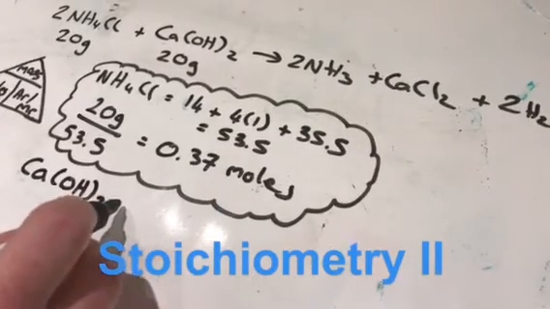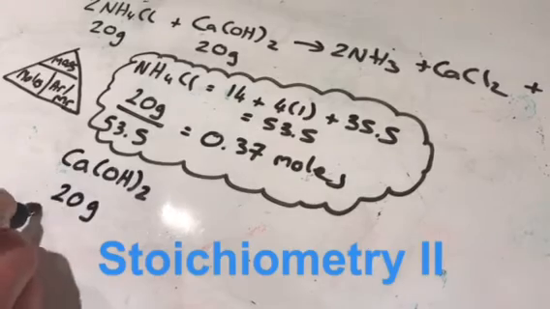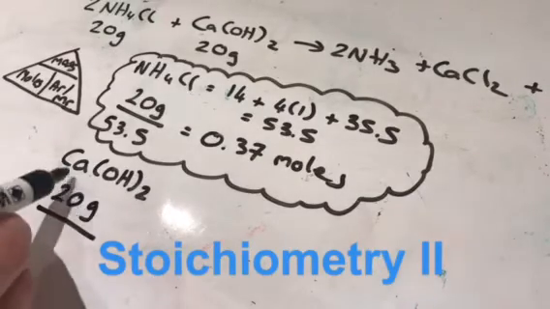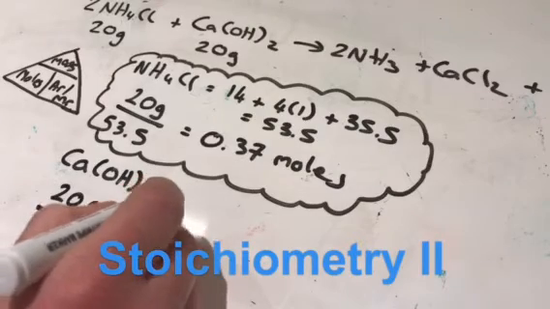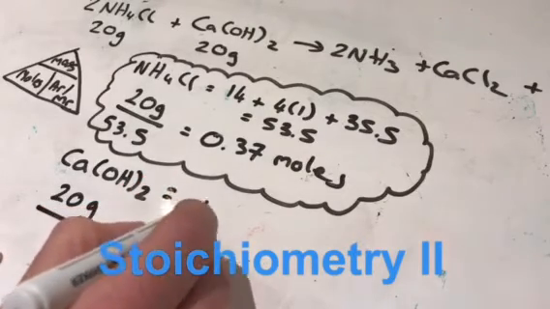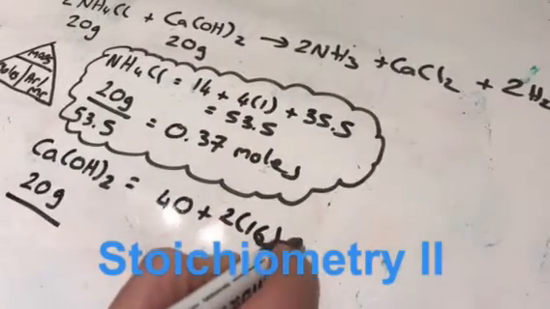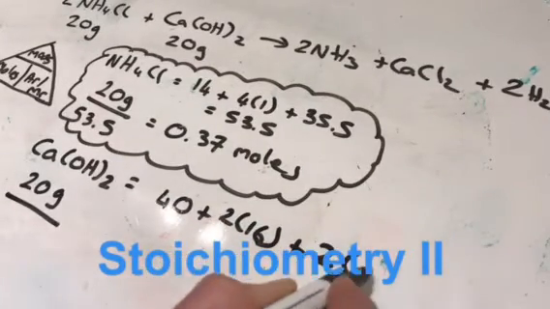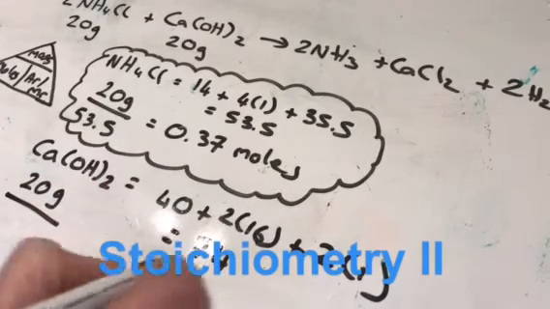So again, we're going to have to divide the mass of it that we have, the 20 grams, by our molecular weight of our calcium hydroxide. So let's work that out. CaOH2 is equal to, our mass of calcium is 40 plus 2 by 16 for the 2 oxygens, plus 2 by 1, and when we add those up we get 74 grams.